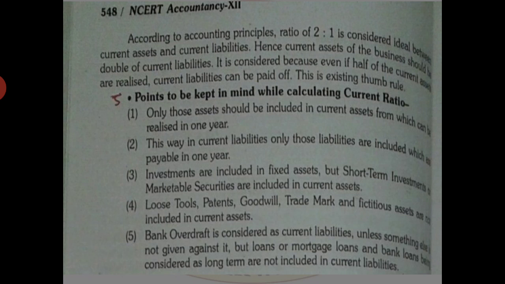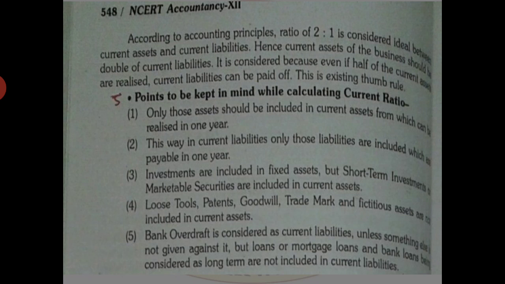Then point number 3, investments are included in fixed assets, but short-term investments and marketable securities are included in current assets. Loose tools, patents, goodwill, trademark, and fictitious assets are not included in current assets.